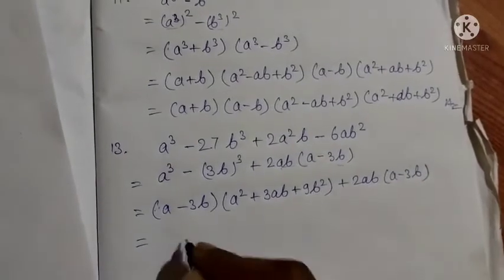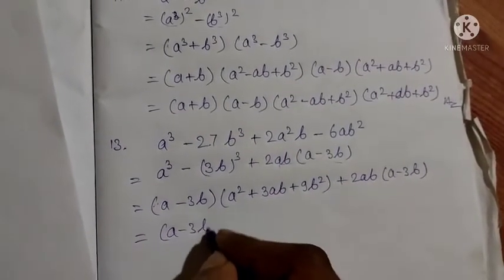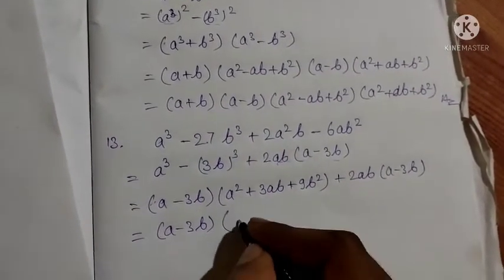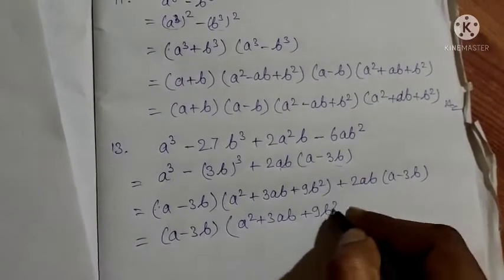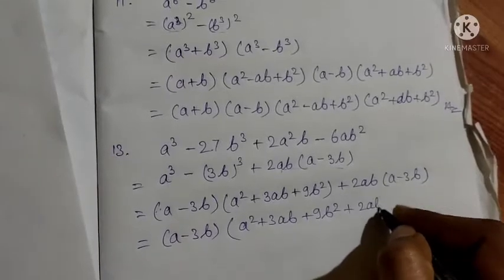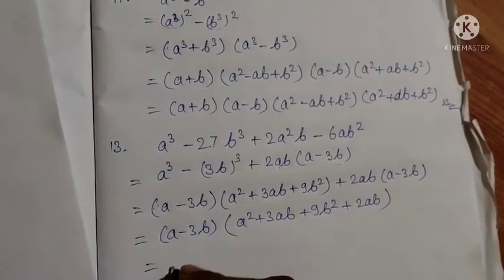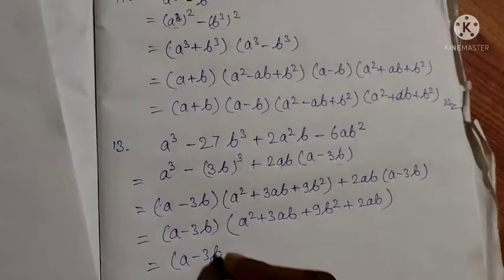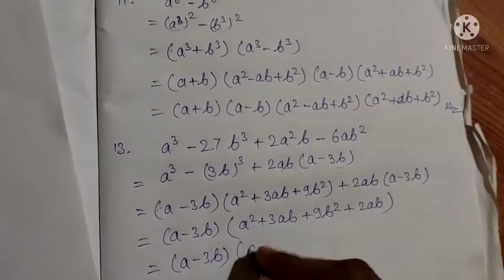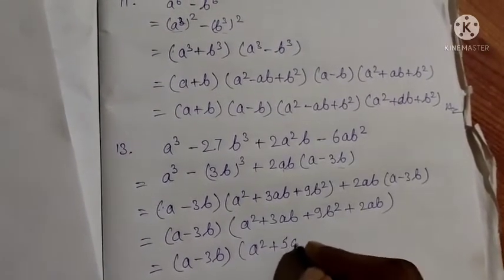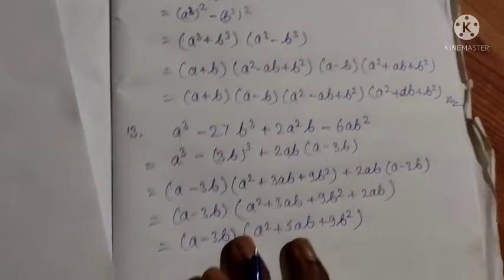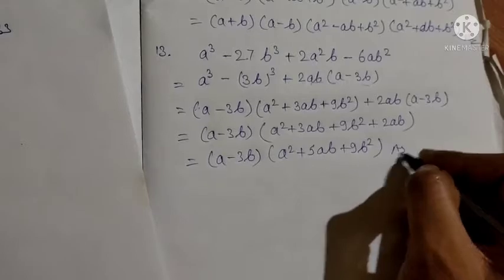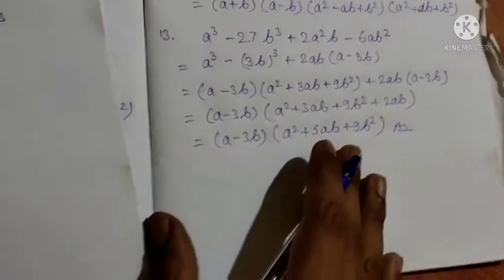Now take a minus 3b as common, hence it is (a square plus 3ab plus 9b square plus 2ab), equal to (a minus 3b)(a square plus 5ab plus 9b square). This is your answer.